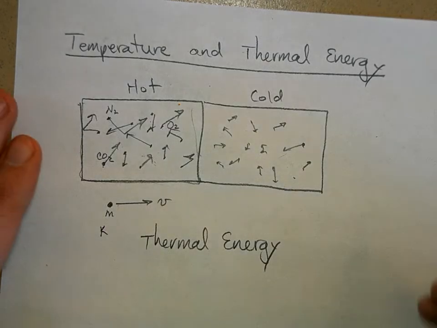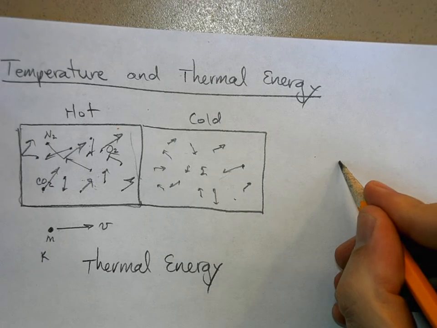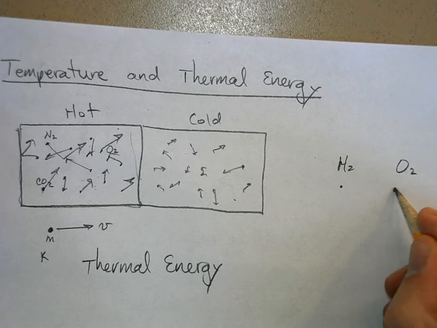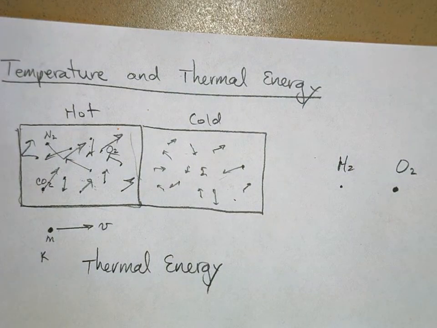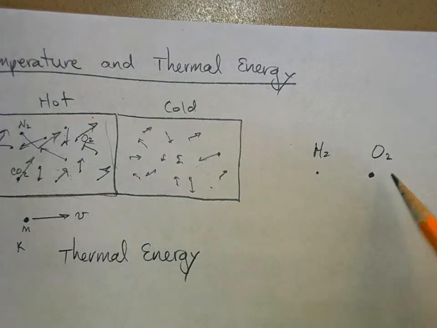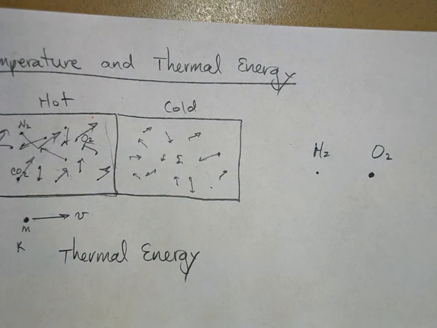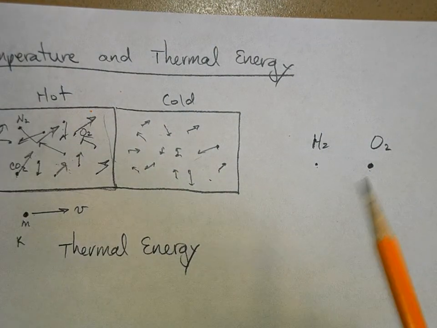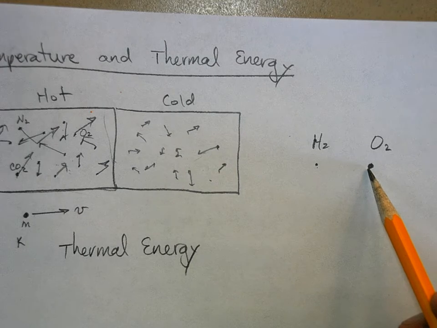Let's take a look at an H2 molecule and an O2 molecule. Now, which one has more mass? The oxygen. Oxygen atoms are way bigger than hydrogen atoms, and so if I've got two of them, this has a lot more mass. It's just a lot bigger.